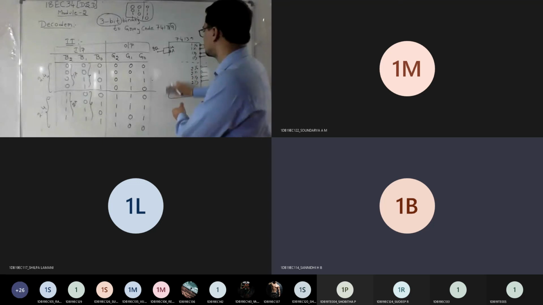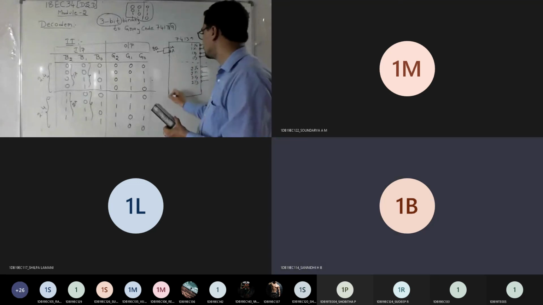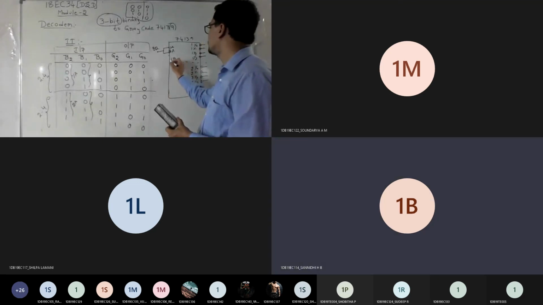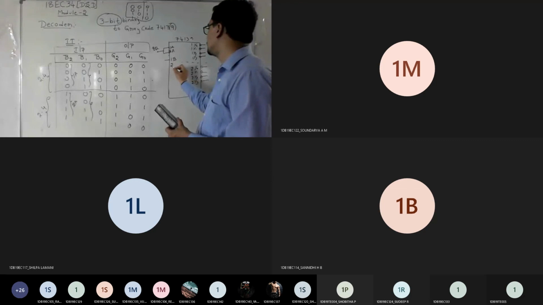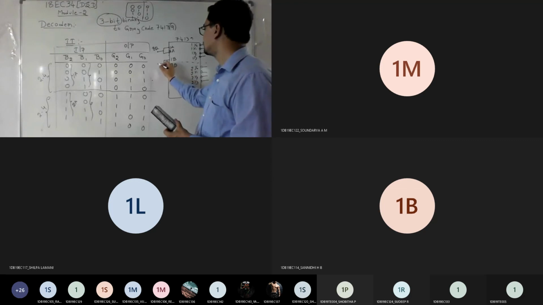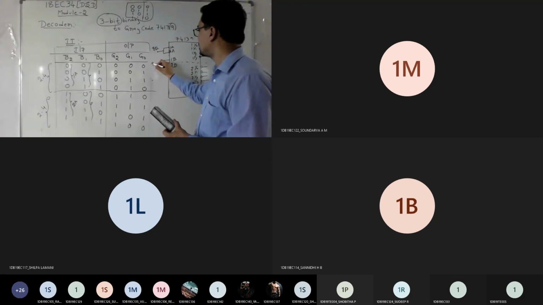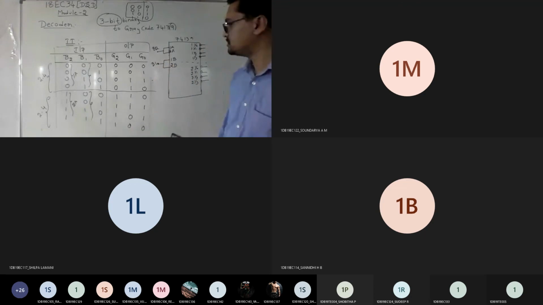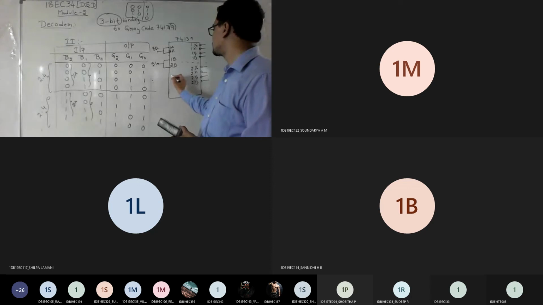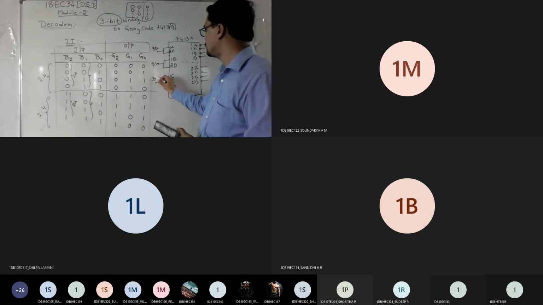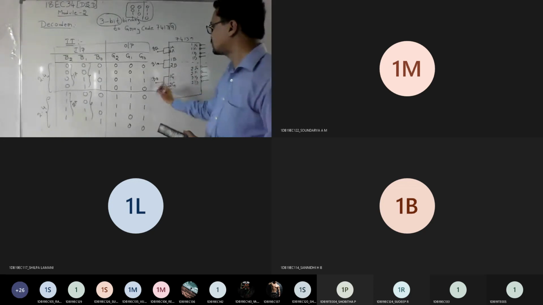Similarly, 1B and then 2B, I can connect to B1. But look at this 1G and 2G. We said these two are the same, so I will connect them to B0.